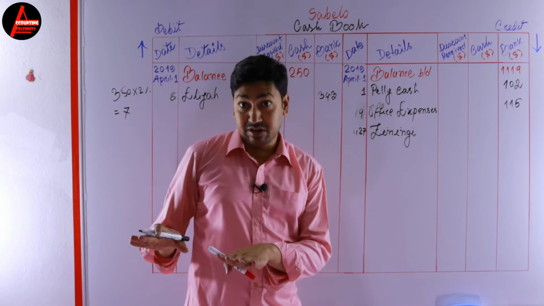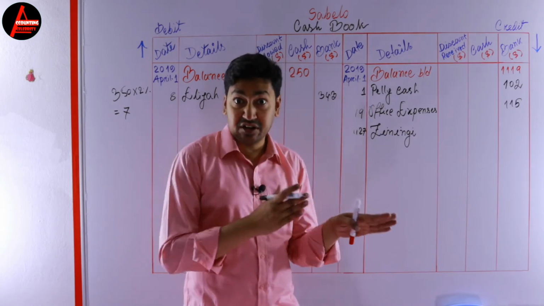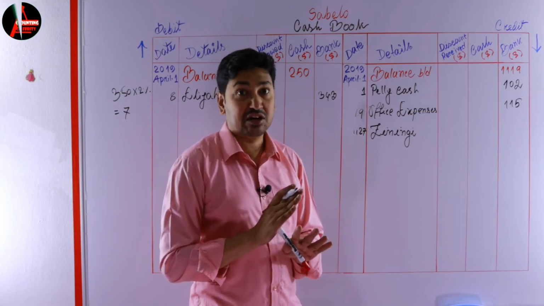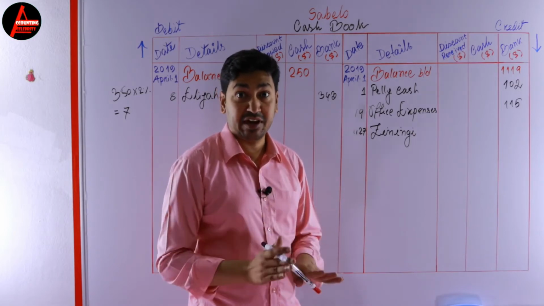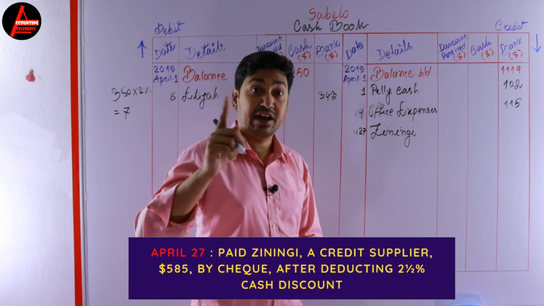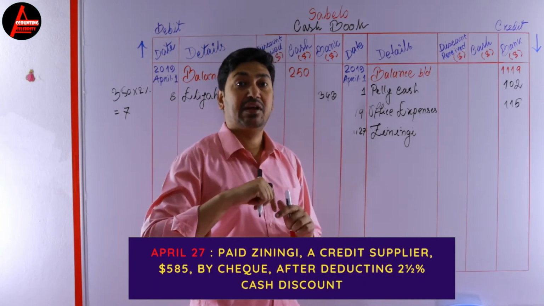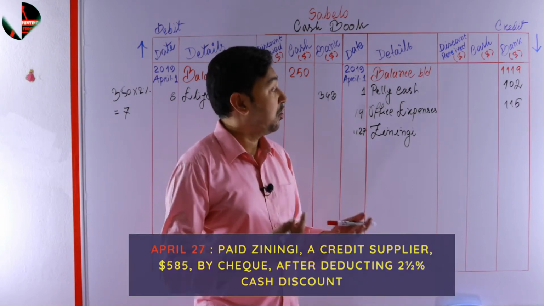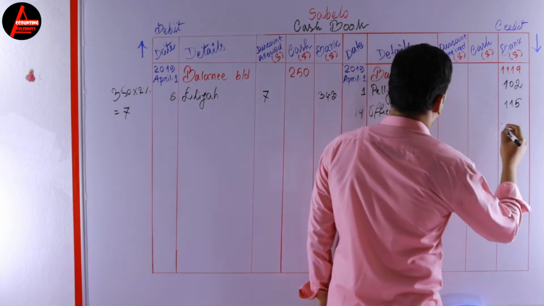Or should we calculate the discount first, subtract, then write the value? No, we will not subtract any discount from here, because it is clearly written that after deducting the discount the value is paid, which is 585. So we will write here 585.